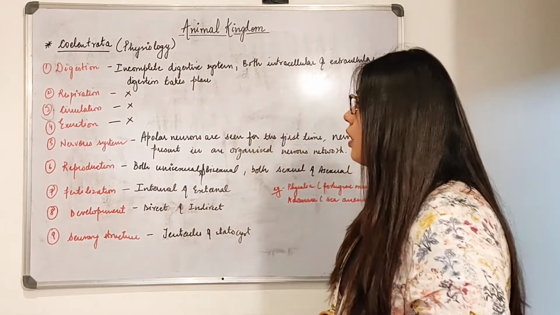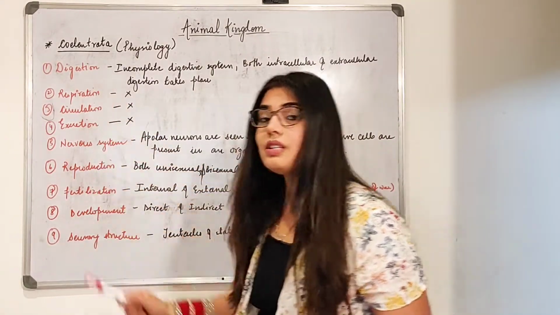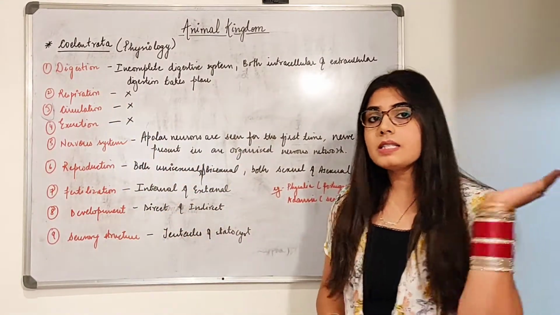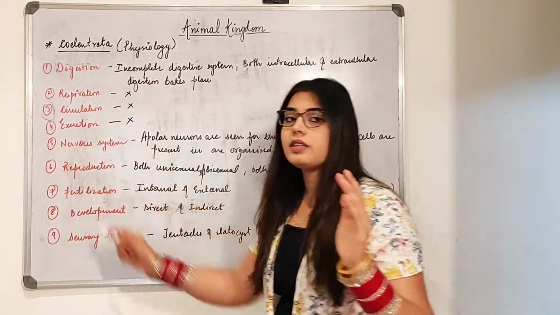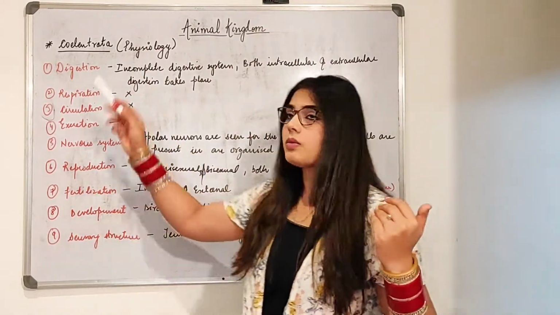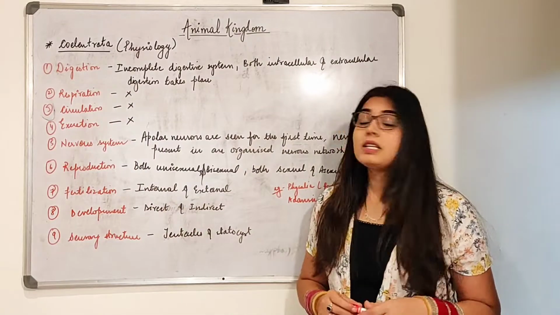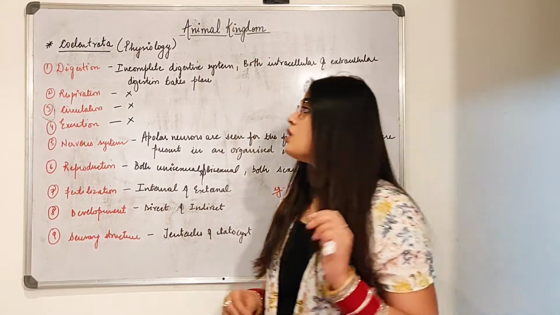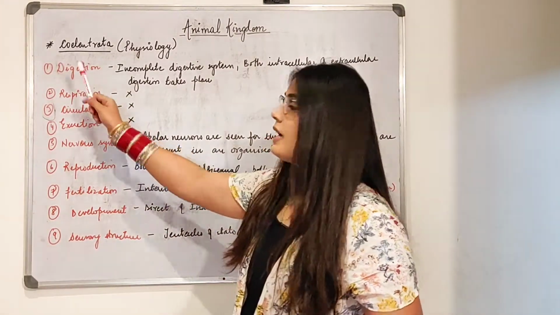Now we will move on with the physiological features like we did in Porifera. Similarly, we will follow the same pattern here and study the features of the phylum Coelenterata.